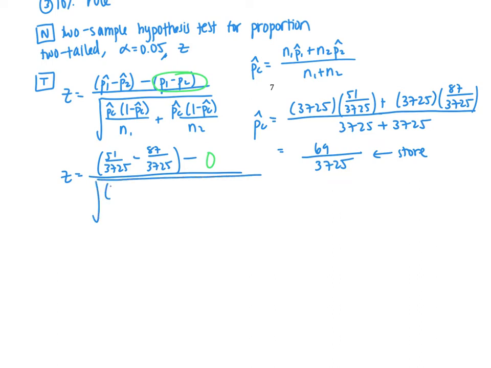And then our denominator, 69 out of 3,725, 1 minus 69 out of 3,725 over 3,725, plus, that's just the first fraction. Again, 69 out of 3,725, 1 minus.